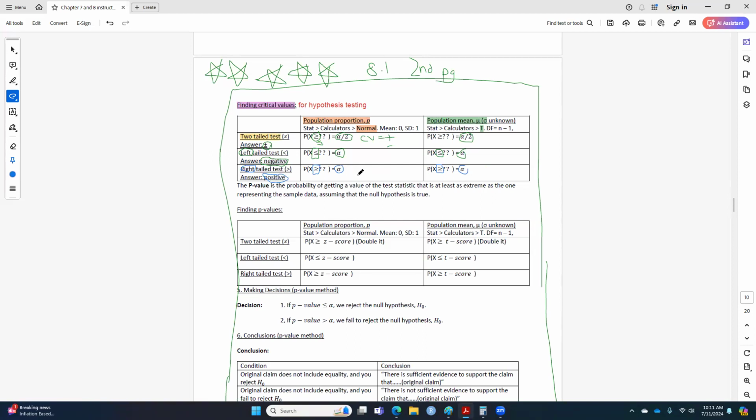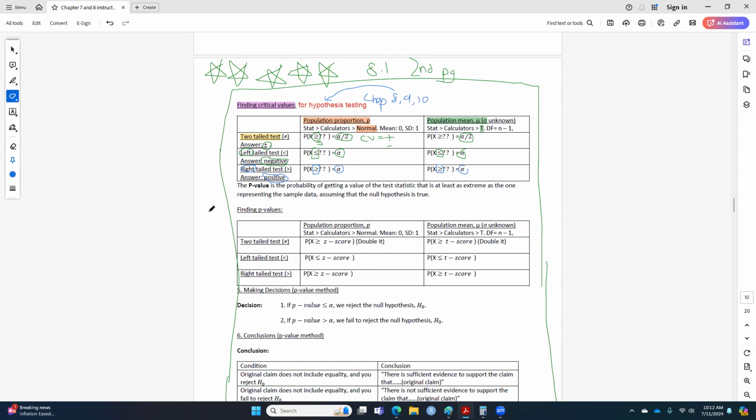So this is how you find the critical value. When you do chapter 8, chapter 9, chapter 10, if the question asks for a critical value, make sure you refer to it. This is an important page that you need to know.